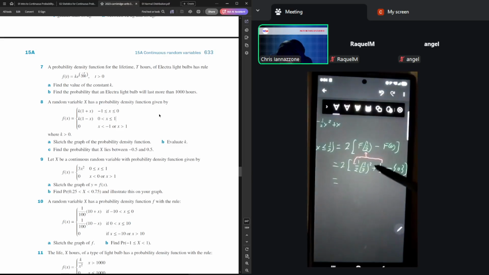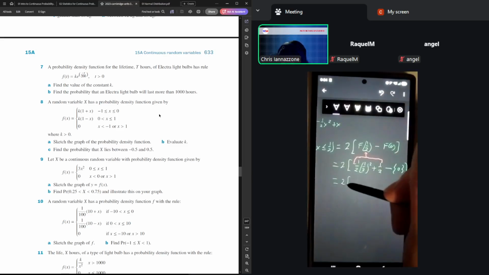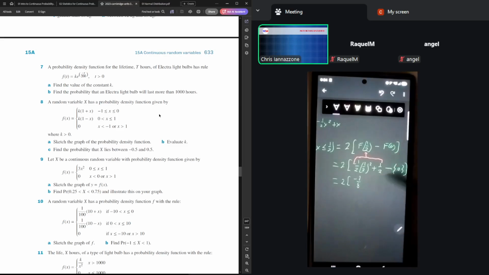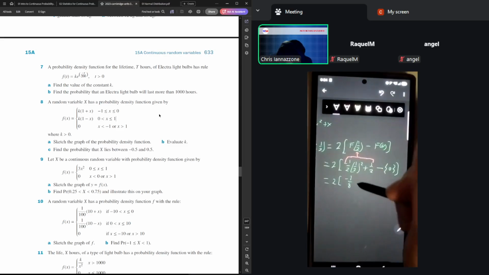From there, 2 times half squared is a quarter, times another half gets you to an eighth, minus 1 on 8. Plussing a half is the same as plussing 4 on 8. So it's going to get us 3 on 8 times 2 for 3 on 4.